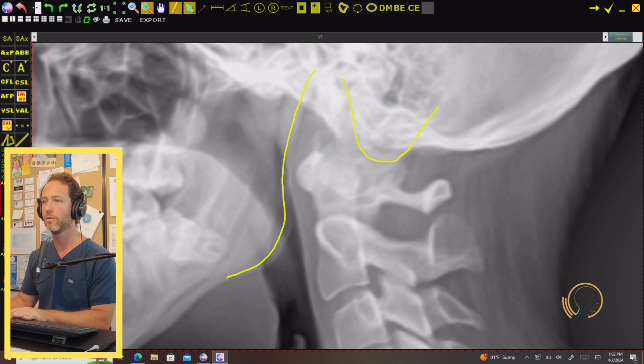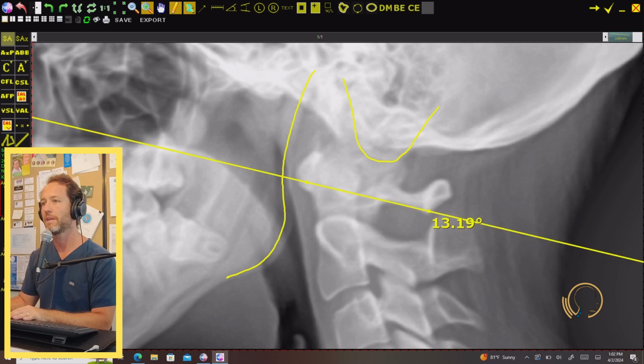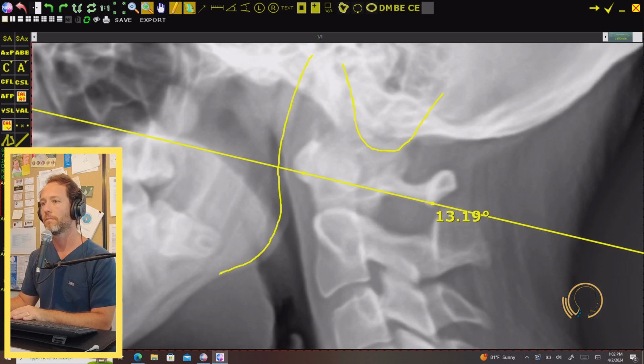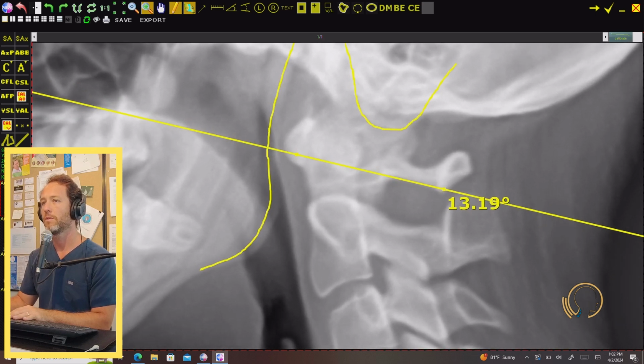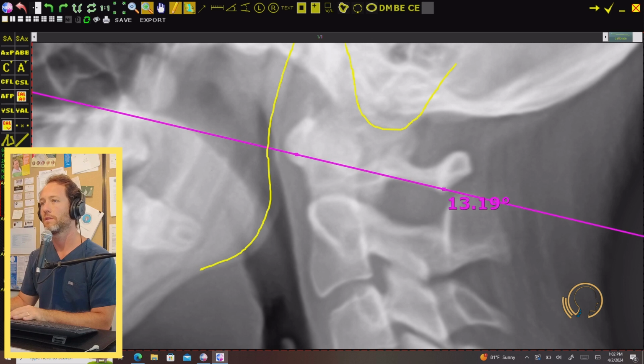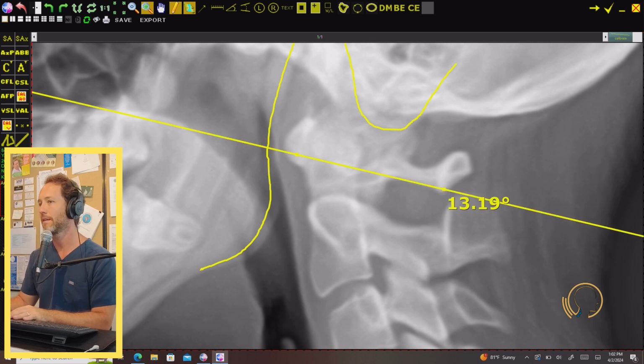But how do you do that, right? How do you figure out exactly where this guy is? Well, it's going to come from knowing where your AFP is on your frontal film, right? Where that posterior arch is on your ASP line, on your sagittal view. Let me toggle over to her.